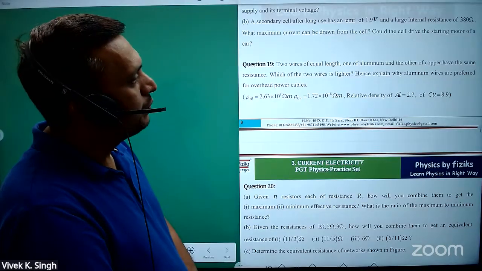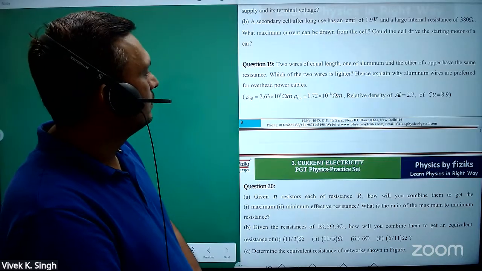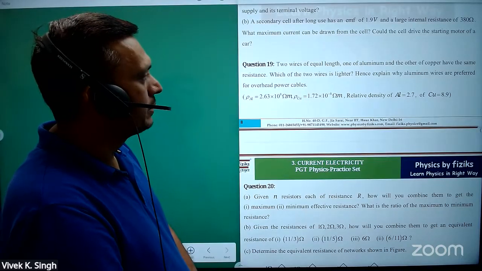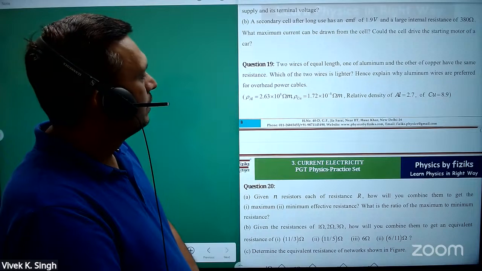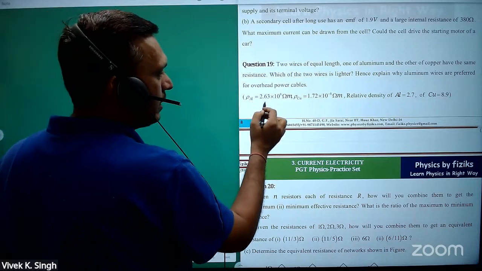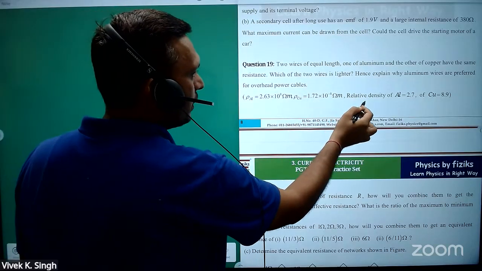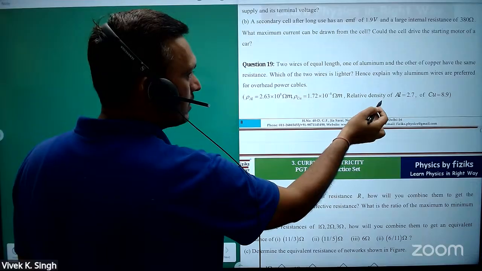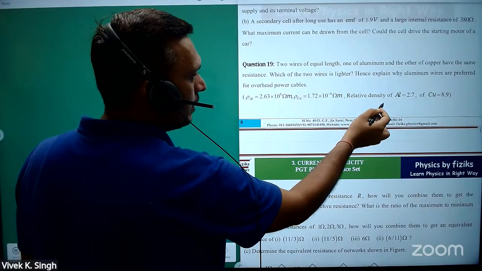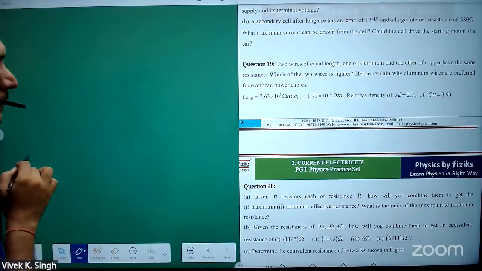Hence explain why aluminum wires are preferred for overhead power cables. It is given that the resistivity of aluminum and copper are given, and the relative density of aluminum is 2.7 and of copper is 8.9.